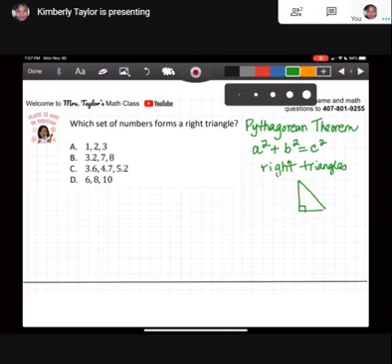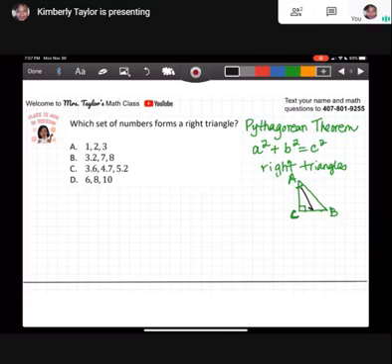Okay, let's go back. So I'm going to label it A, B here, and C. I'm going to do that on purpose because I want you to see how they get the a squared, b squared, c squared. When you're talking about this theorem, you look at the angle A, you look at the opposite side of A, and you label that lowercase a.